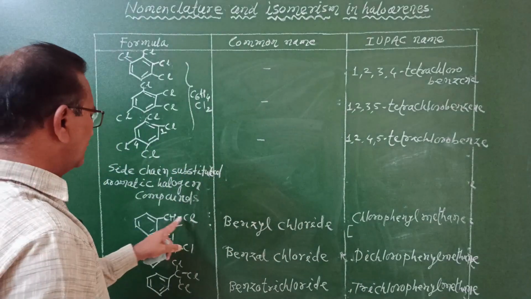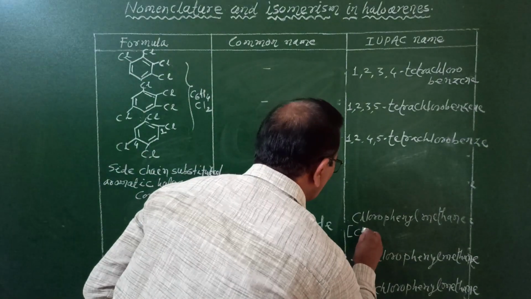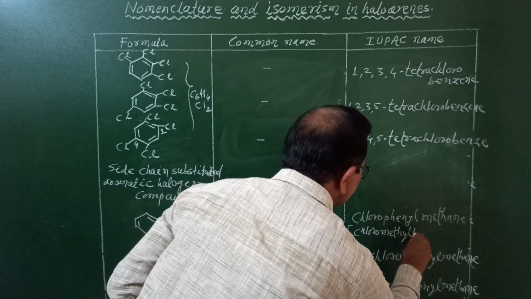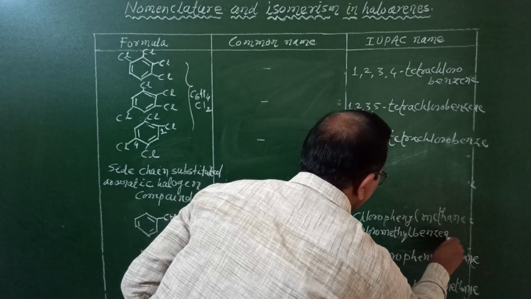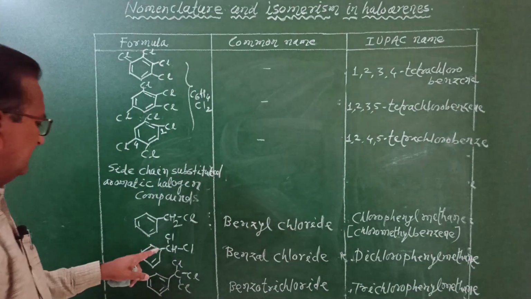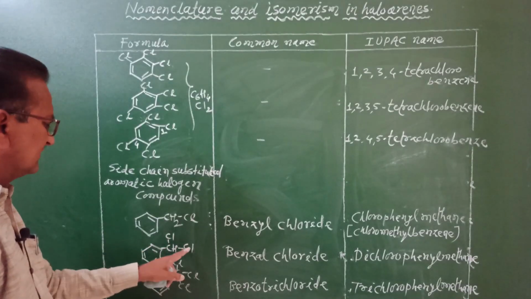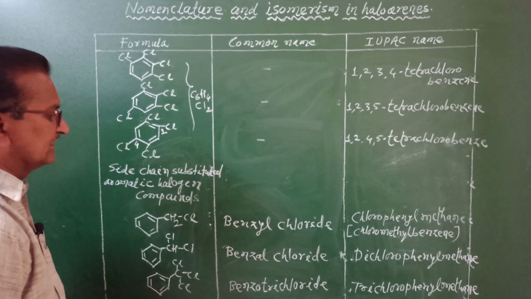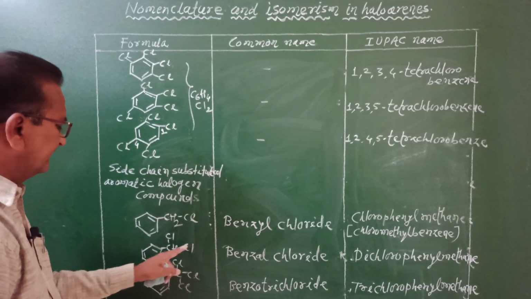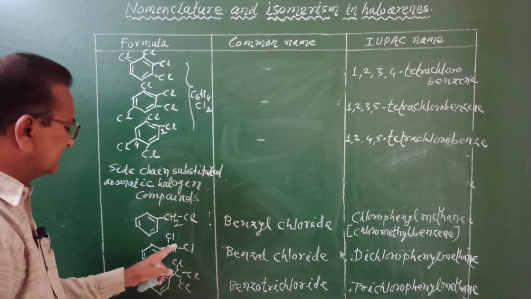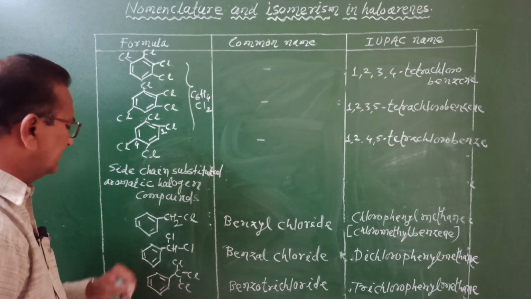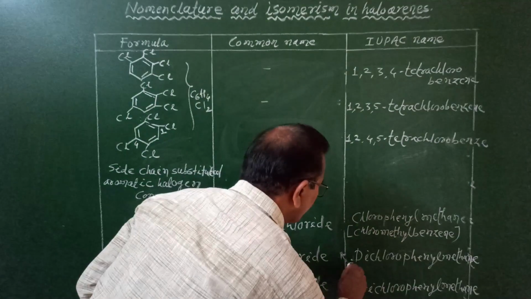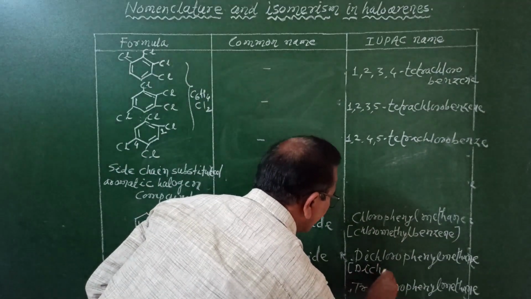One more IUPAC name we can write in bracket. This is called chloromethylbenzene. So here benzene is considered as the parent hydrocarbon. This is named dichloromethylbenzene, since there are two chlorine atoms. Here these chlorine atoms are considered as substituents on the methyl group. Very simple.